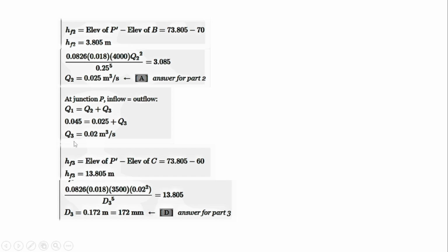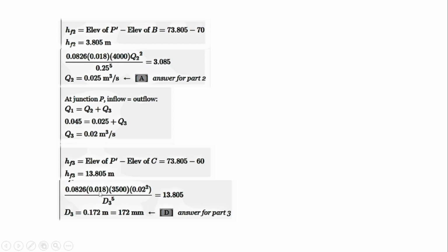So we need to solve for Q3 and major head loss 3 in order for us to solve for the diameter of pipeline 3. Since we now have the value of Q3 and major head loss 3, we can solve for the diameter in pipeline 3.